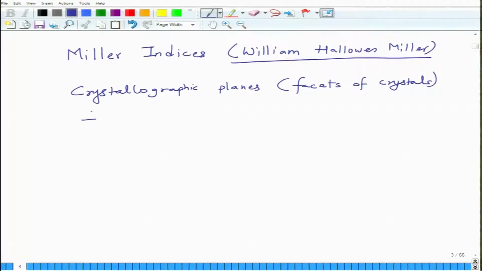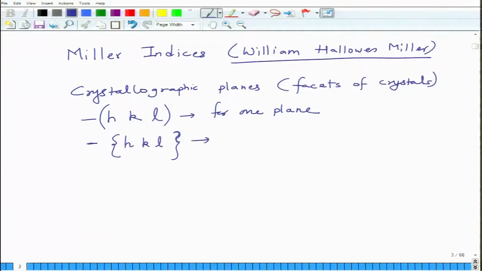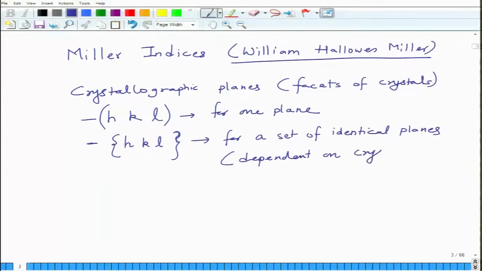They are defined as h, k, l for one plane in the single bracket, and if you have these other brackets, they are not applicable to every crystal system, but it could be for a set of identical planes dependent upon the crystal structure, okay, whether it is cubic or tetragonal.